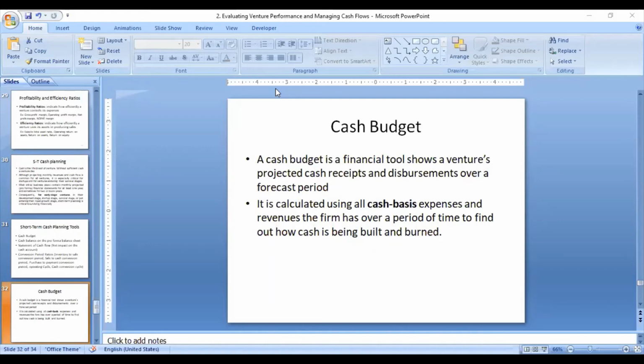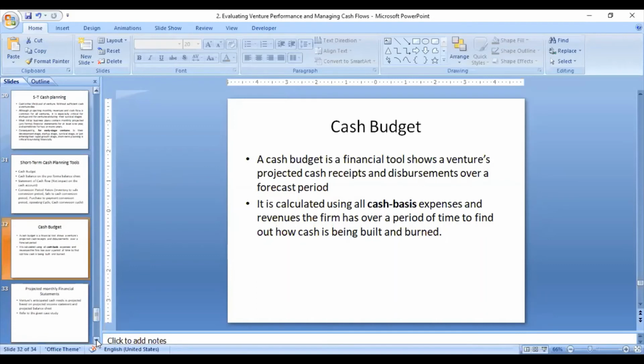The cash budget we prepare on the cash basis, using the expenses and revenues the firm has over a period of time to find out how cash is being spent and earned. So normally the cash budget is prepared on a cash basis, not on the accrual basis. I think that part again we are going to discuss, preparing this cash budget using an example.